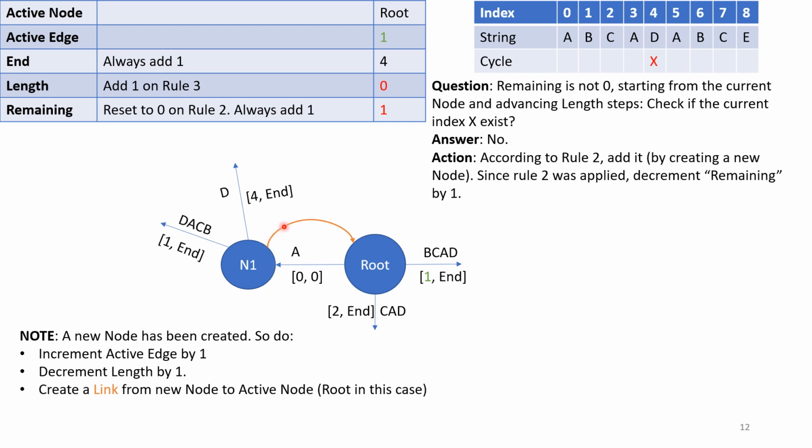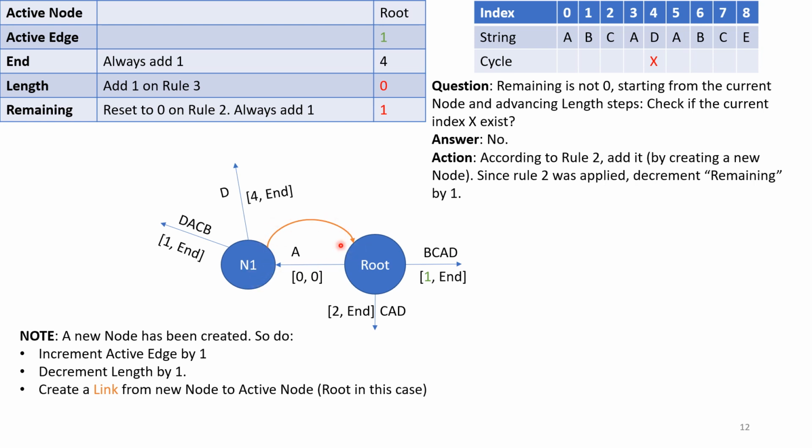And we have this nice thing. You'll notice that we have this special connection that I marked in orange. That's a link that, according to rule 3, every time we add a node, we need to create, pointing to root.